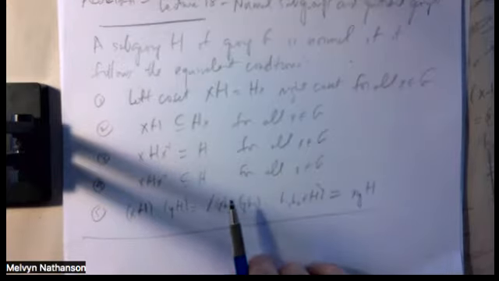And if you want to know how common or uncommon normal subgroups are compared to ordinary subgroups, the first statement is that in an abelian group, every subgroup is normal.